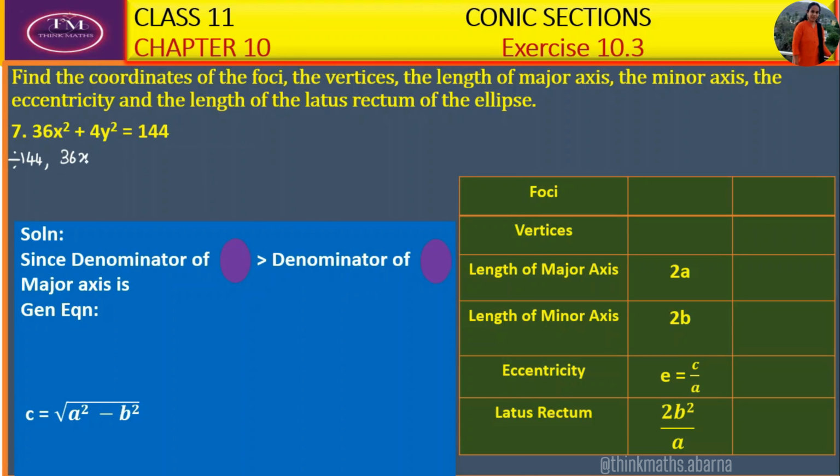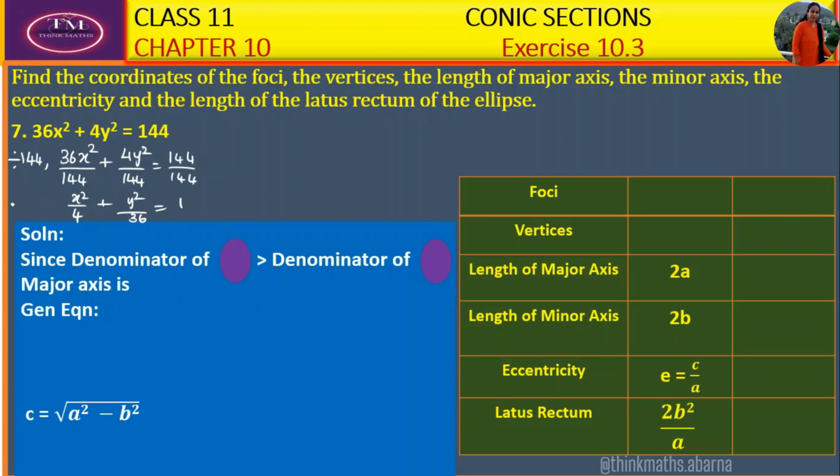So it is 36x square divided by 144 plus 4y square divided by 144 equal to 144 by 144. Here, 36 into 4 is 144. So this is x square by 4 plus y square by 36, since 144 divided by 4 is 36, and 144 divided by 36 is 4.